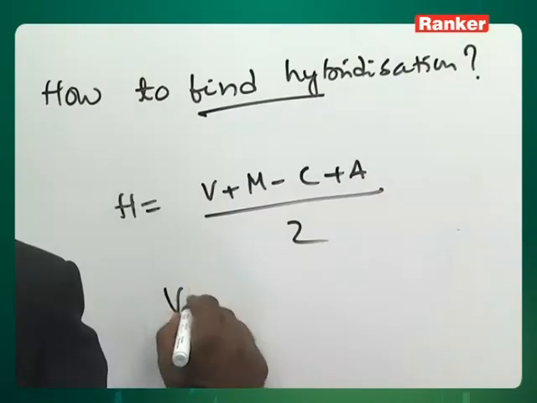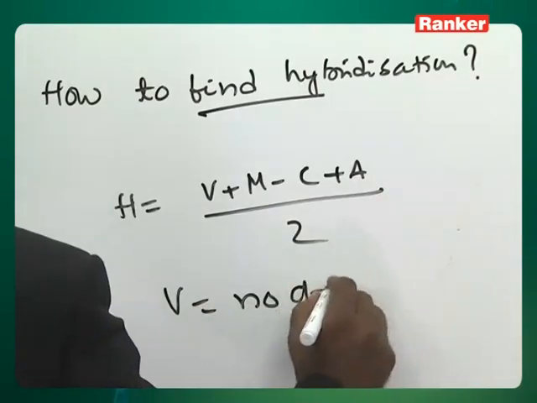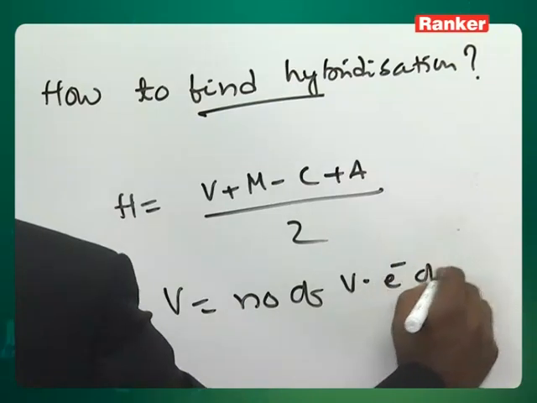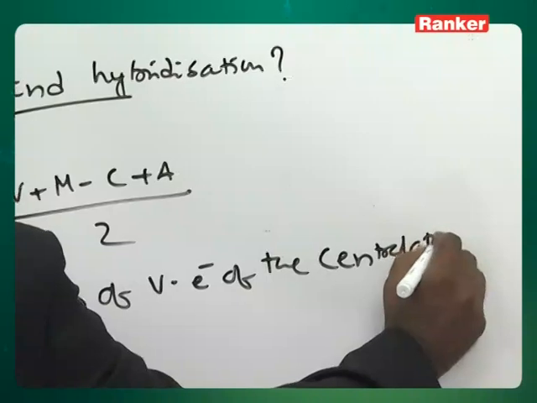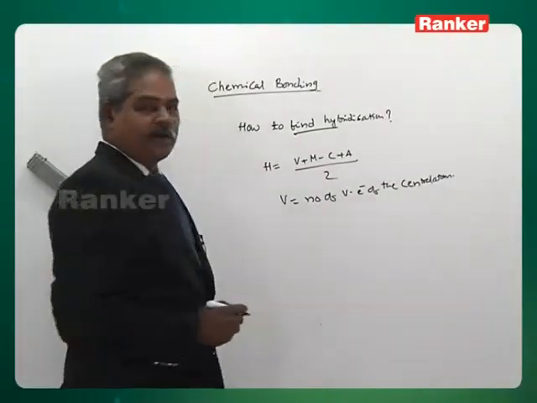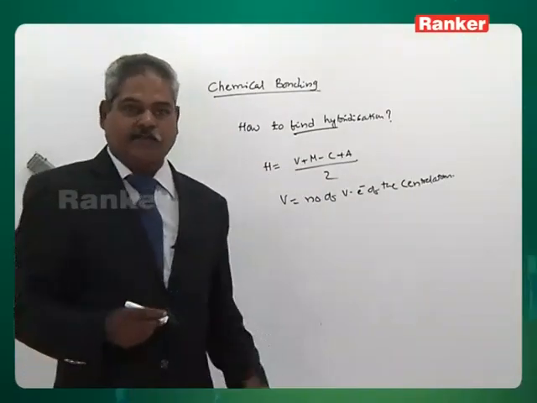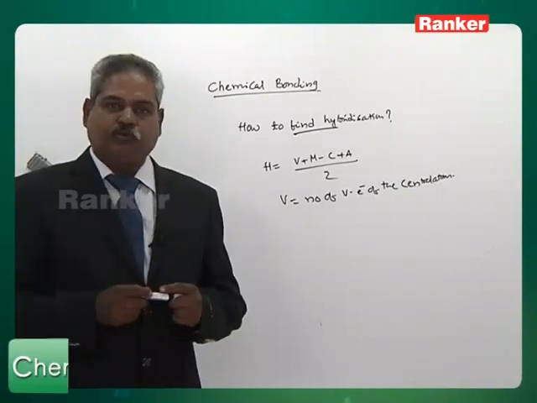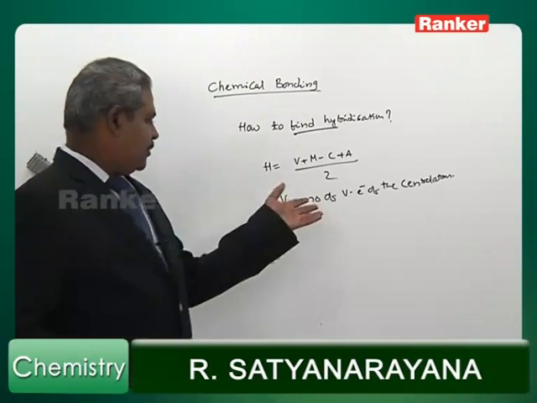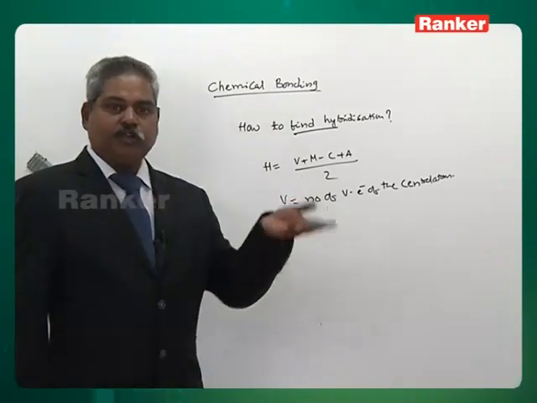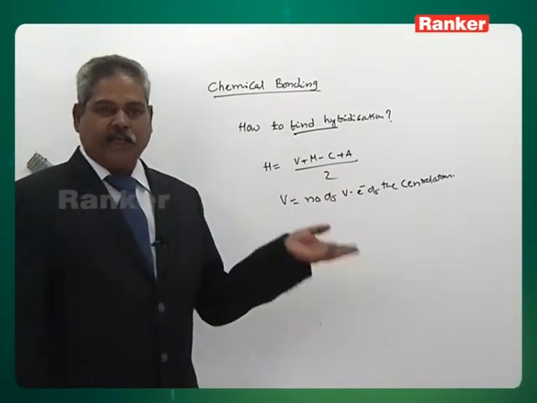V is equal to the number of valence electrons of the central atom. In most cases that is the group number, except in the case of xenon, because xenon happens to be in the 0 group, but the valence electrons are 8.